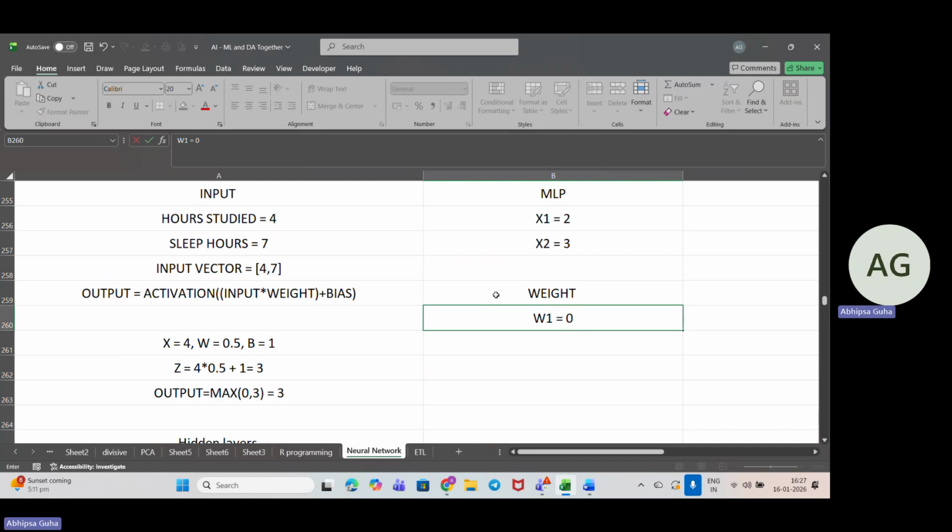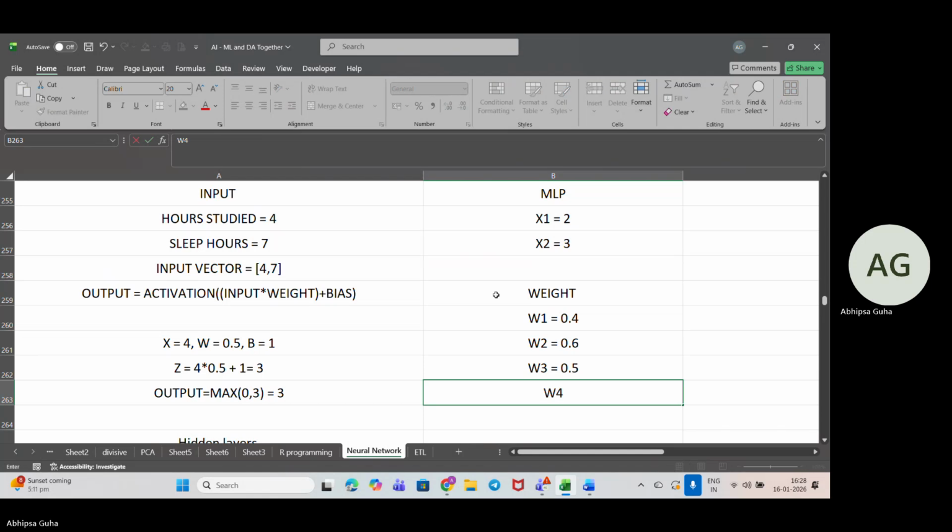Let's take W1 as 0.4, W2 as 0.6, W3 as 0.5 and W4 as 0.2.